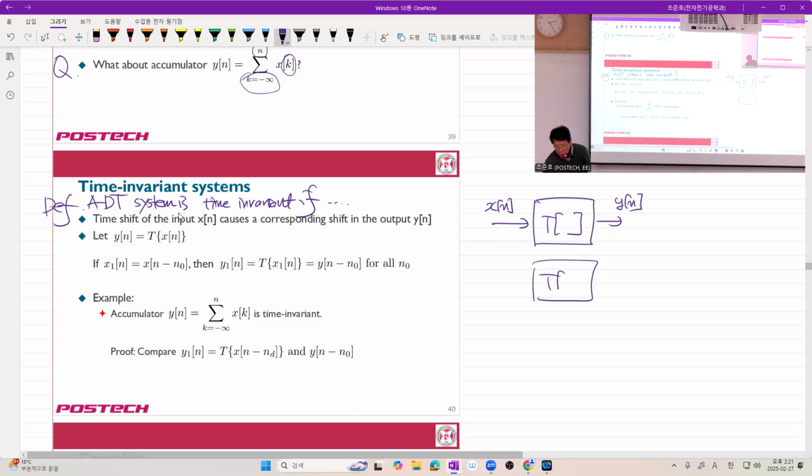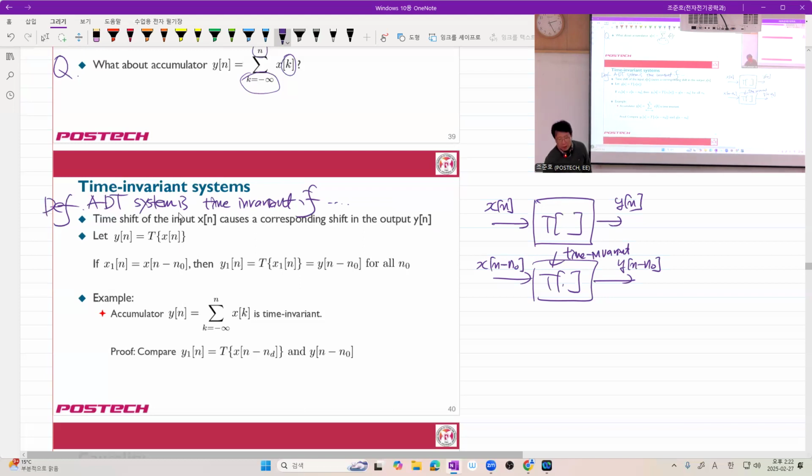Then this is a time invariant system means, you choose a different time origin. So by subtracting n0, n0 could be any integer, you just choose a different origin. Then you have y that also has the same time shift. Got it? So this is the definition.